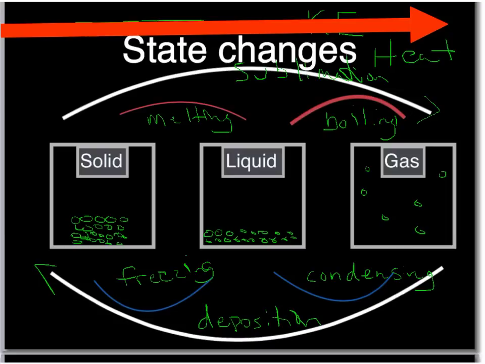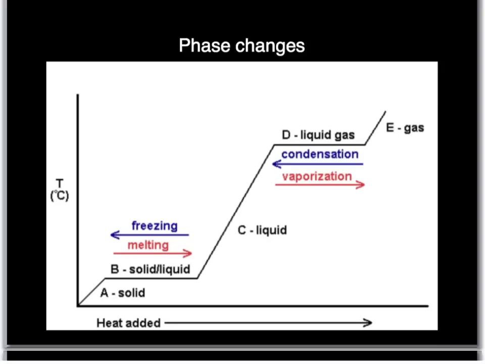So looking at these state changes, you can see that as we add heat, we break those bonds, we add kinetic energy. As we take away heat, those bonds become harder to break, we take away energy, and those particles don't move as rapidly. All right, so let's take a look at a graph of these phase changes. We're looking at melting and freezing and vaporization, boiling, condensation.